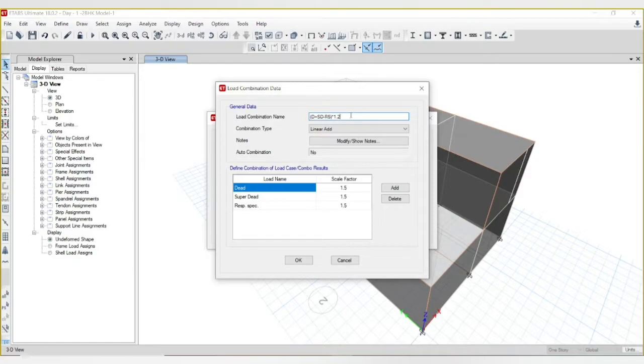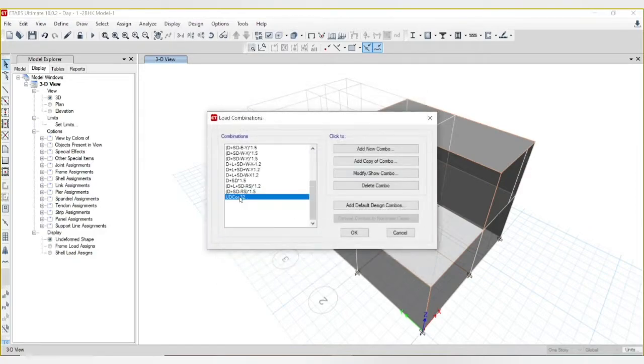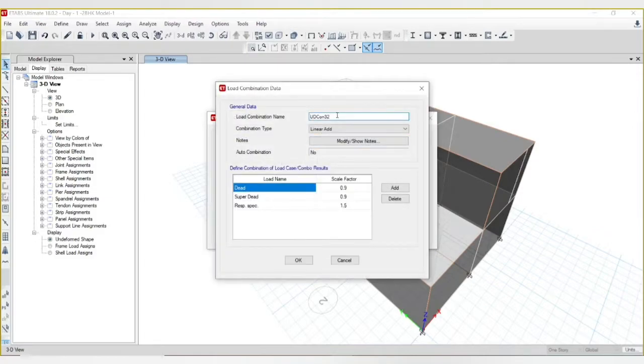Response spectra into 1.5. Now let us press OK, and the final load is 0.9 times dead load, 0.9 times live load, 0.9 times super dead load and 1.5 times response spectra. This is the last load combination.